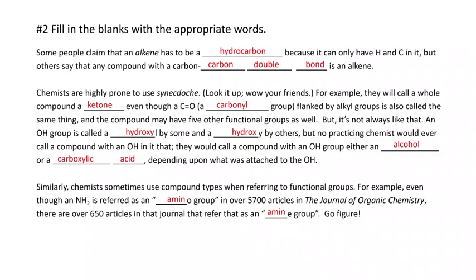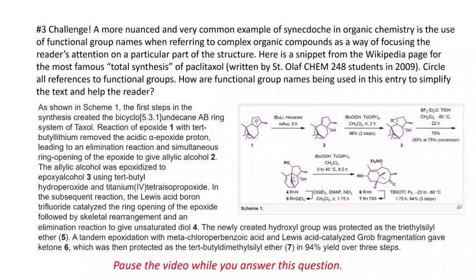Okay, here's a challenge. A more nuanced and very common example of synecdoche in organic chemistry is the use of functional group names when referring to complex organic compounds as a way of focusing the reader's attention on a particular part of the structure. Here's a snippet from the Wikipedia page for the most famous total synthesis of paclitaxel.